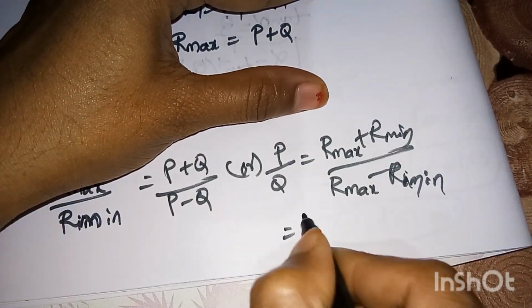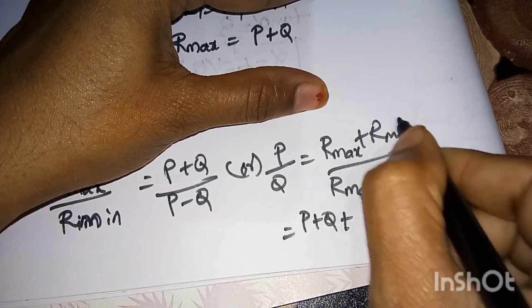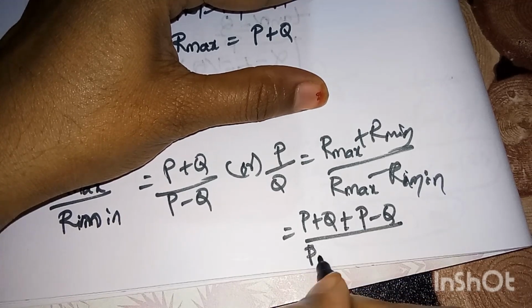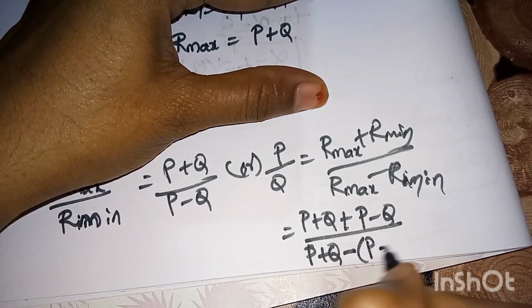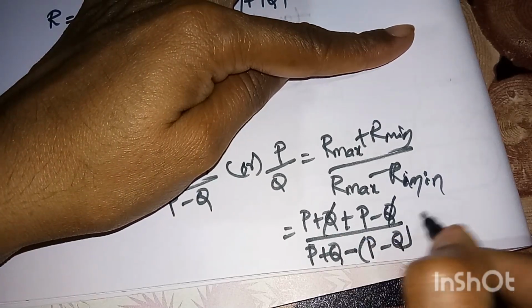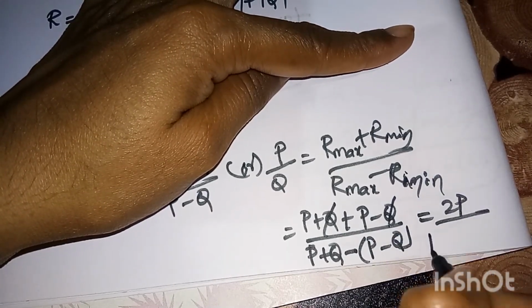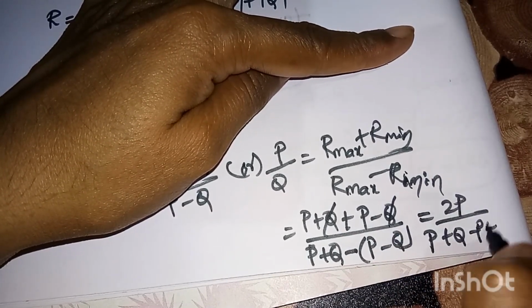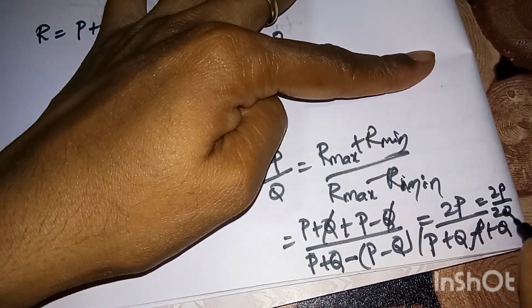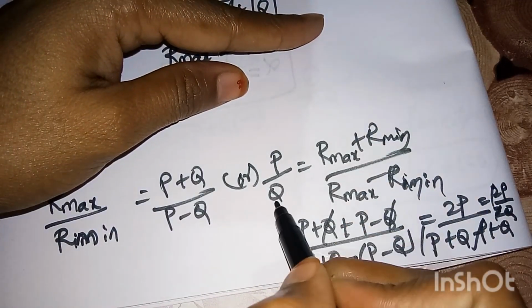Suppose R maximum is P plus Q and R minimum is P minus Q. Then R maximum plus R minimum by R maximum minus R minimum is P plus Q plus P minus Q by P plus Q minus P plus Q. Q will be cancelled, P plus P is 2P, by P plus Q minus P plus Q, P minus P cancels, 2Q. So 2P by 2Q, the 2 cancels. You got P by Q here.